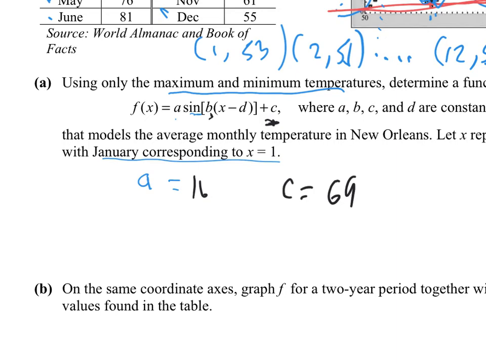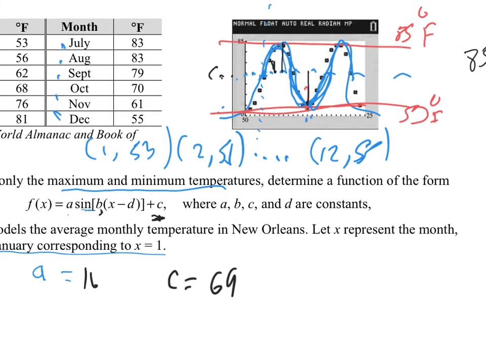Okay, so B stands for how many cycles would be in 2 pi. Now, from here to here is where it finished up.